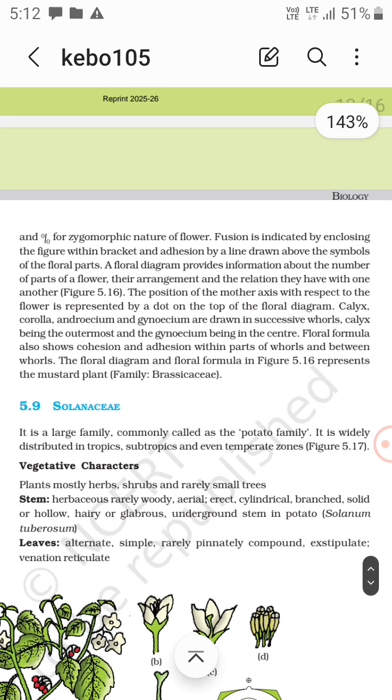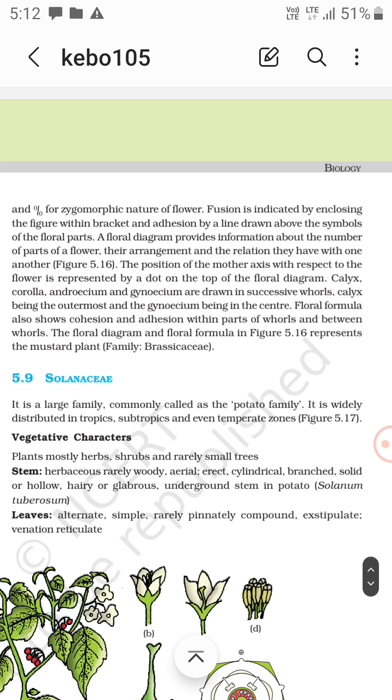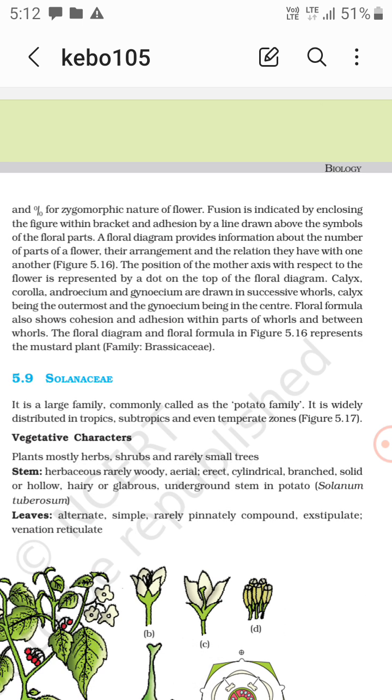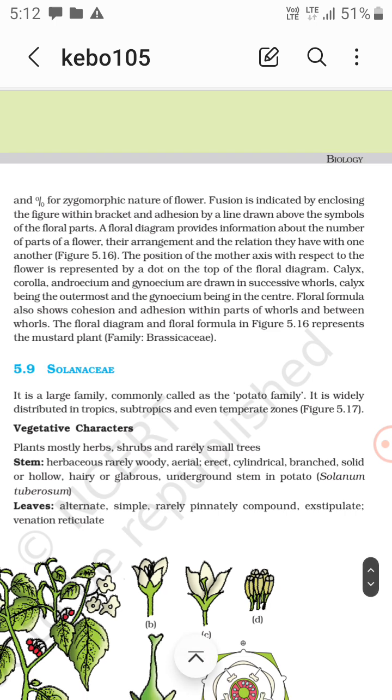Now a floral diagram provides information about the number of parts of a flower, their arrangement and the relation they have with one another. Okay, the position of the mother axis with respect to the flower is represented by a dot on the top of the floral diagram, right?